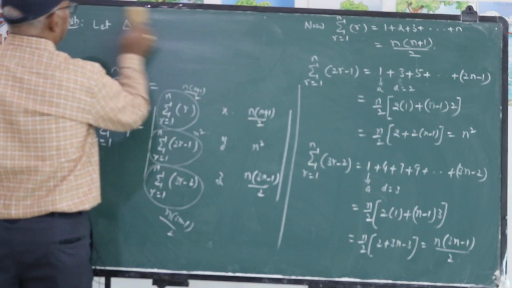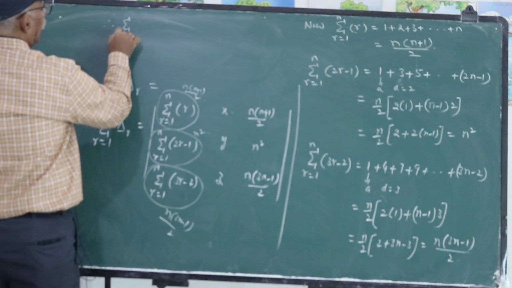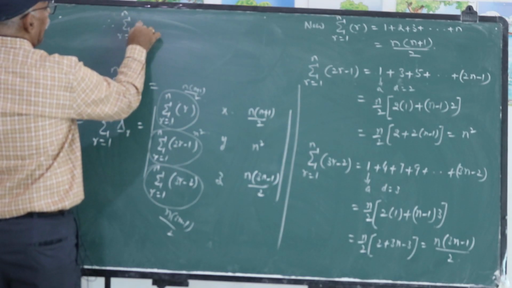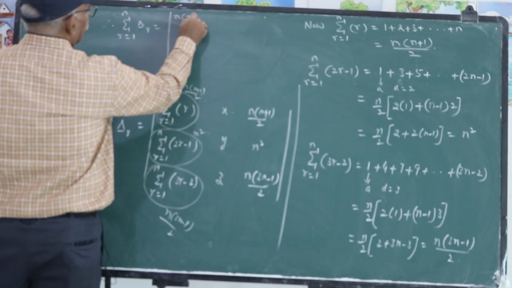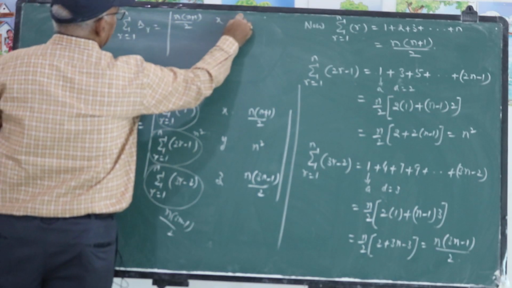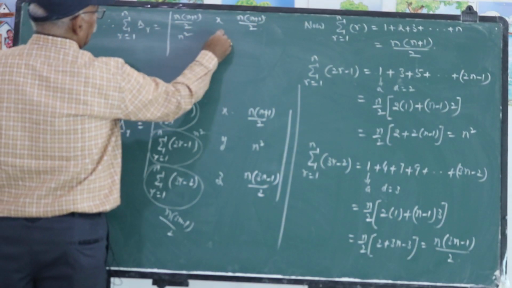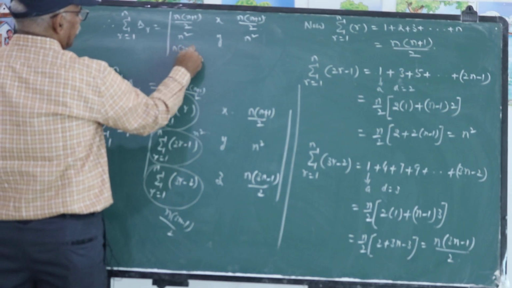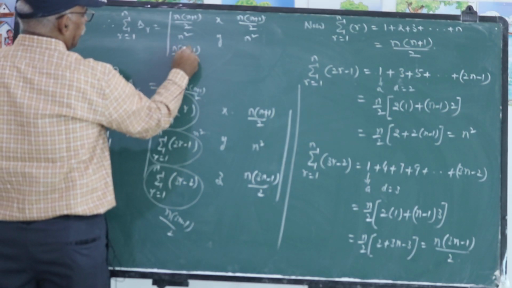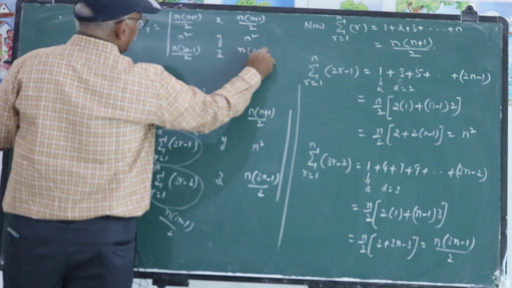Therefore sigma r equal to 1 to n delta r becomes the determinant of n into (n plus 1) by 2, x, n into (n plus 1) by 2; n square, y, n square; and n into (3n minus 1) by 2, z, n into (3n minus 1) by 2.